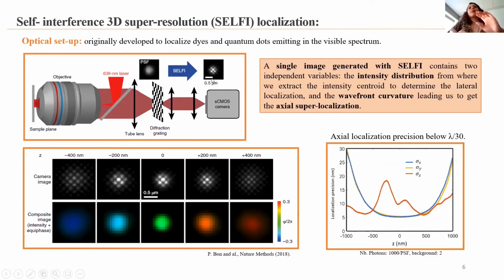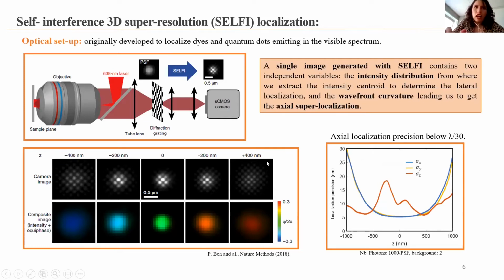You see? So a single image generated with SELFI contains two independent variables: the intensity distribution, from which we can extract the intensity centroid and determine the lateral localization, the X and Y localization, and the wavefront curvature, which leads us to the axial superlocalization.